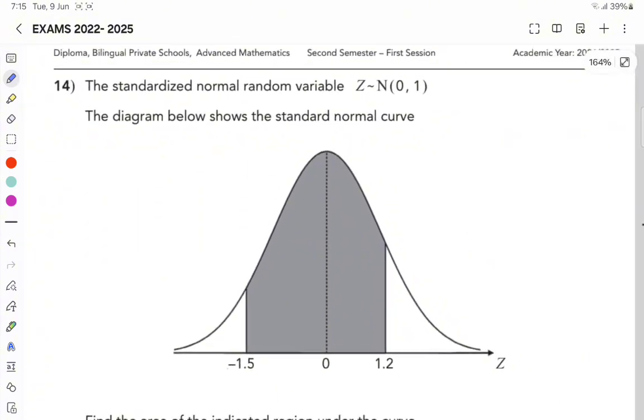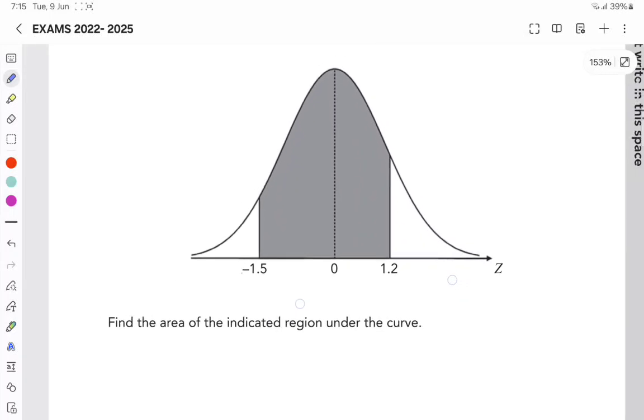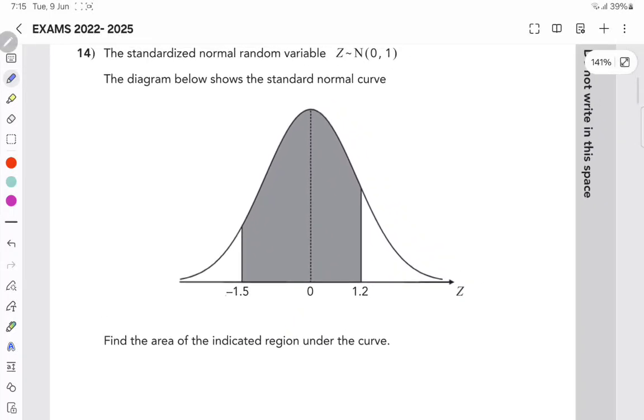So in mathematics, we just follow the rules. Here the standardized normal distribution is standardized because it's z, the mean equals 0, and the standard deviation is 1. So we just use the formula or the rule directly with the table. The area here is between two values, 1.2 and negative 1.5.